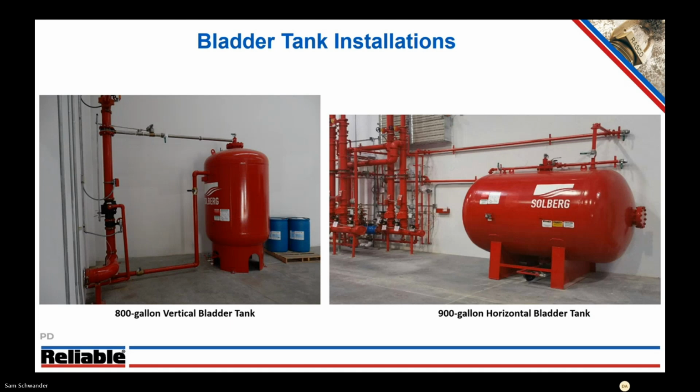If we're doing that, say we have a system that has 3 different zones, maybe a truck loading rack, and then a second zone for the warehouse, we're designing that system so the bladder tank capacity can supply the largest demand on there. So you can have one bladder tank supplying multiple zones.